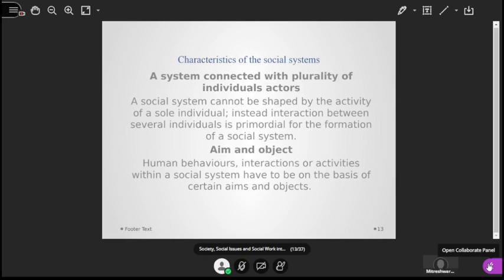Voilà. So, now characteristics of social systems. A system connected with a plurality of individual actors, a social system cannot be shaped by the activity of a sole individual. Instead, interaction between several individuals is primordial for the formation of a social system. Alors, aims and objects: human behaviors, interaction, and activities within a social system have to be on the basis of certain aims and objects.